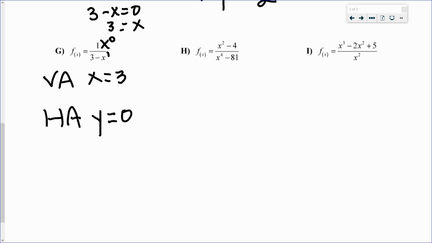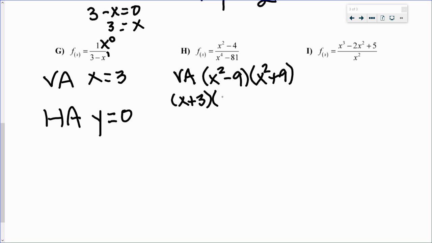Now, this one, in the denominator, we're going to factor that into a difference of perfect squares, kind of a factoring activity here. Now, only one of these is going to continue to factor, and that's this first one, the difference. And this last factor is not going to contribute toward a vertical asymptote.